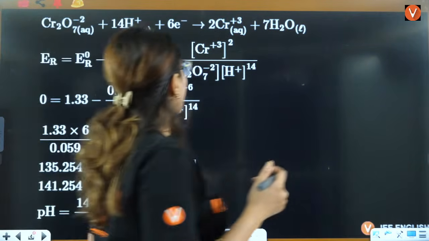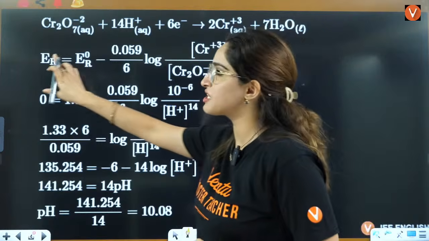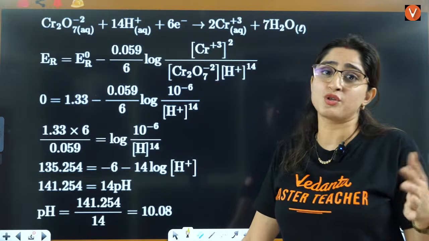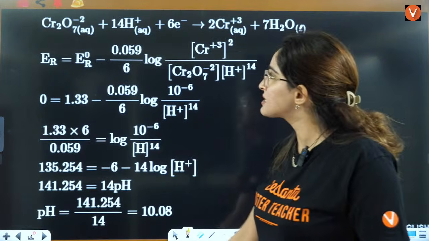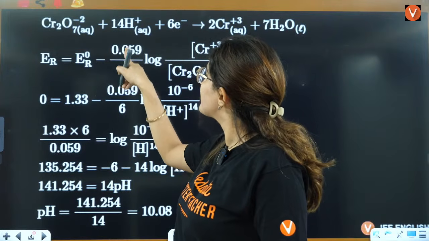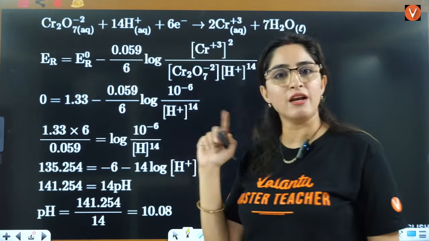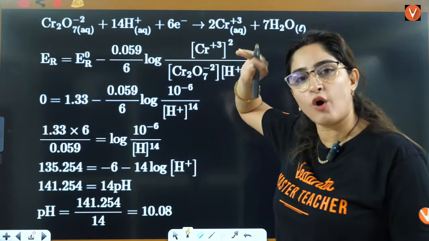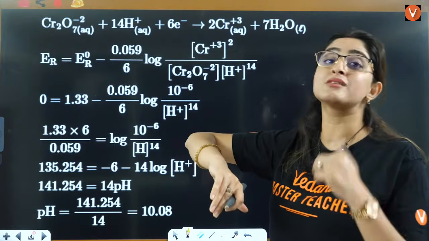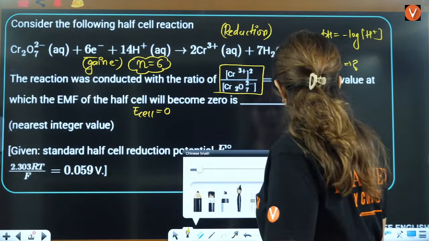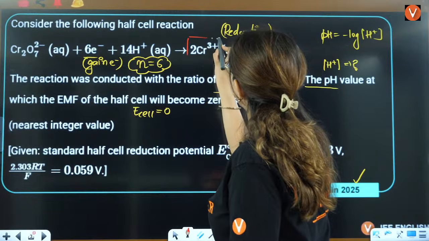So this is the equation. How do we define the Nernst equation? Nernst equation is E cell. Cell here is reduction only because you don't have oxidation here. So you will say E cell is equal to E naught cell minus 0.059 divided by N factor, that is 6, log of oxidation by reduction, or you can say product by reactants. Now the product ions are only this one.